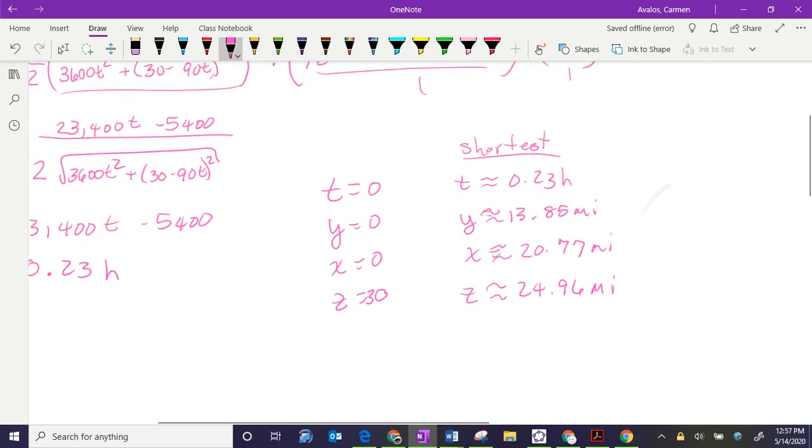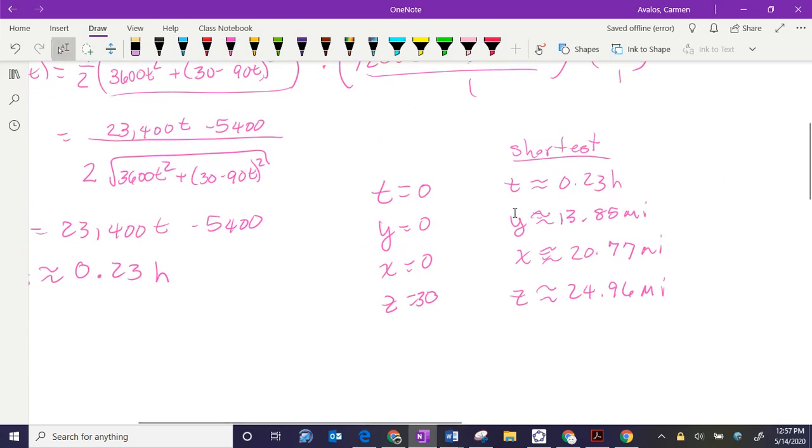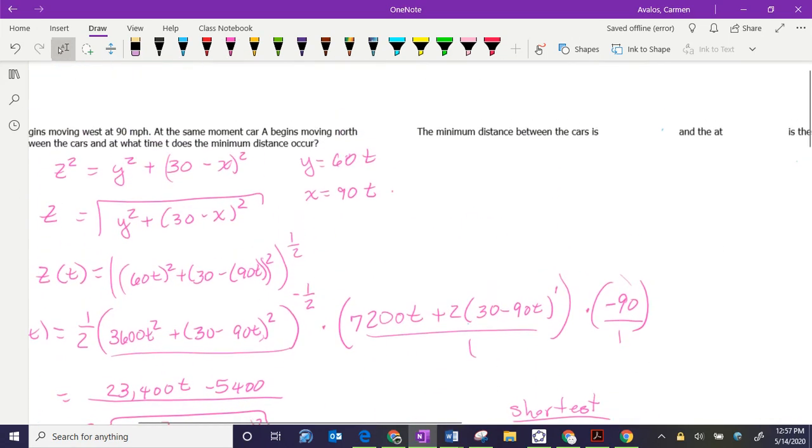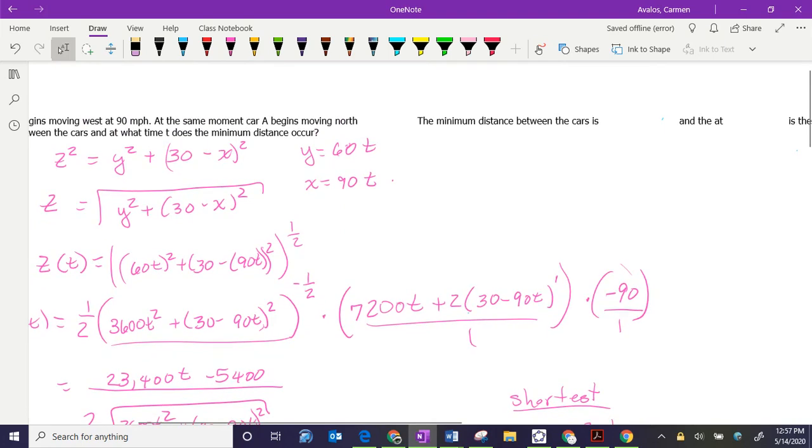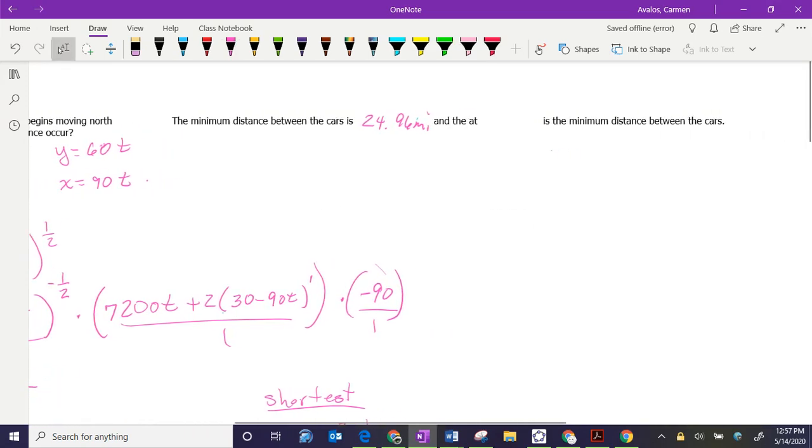So to go and answer the question, you should write that as a sentence: the minimum distance between the two cars is 24.96 miles.